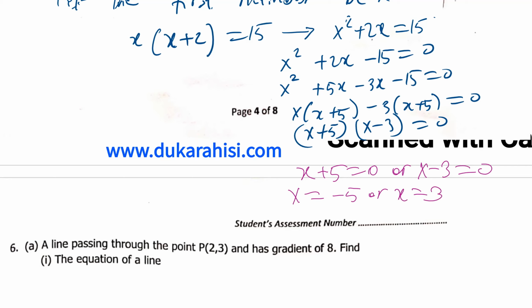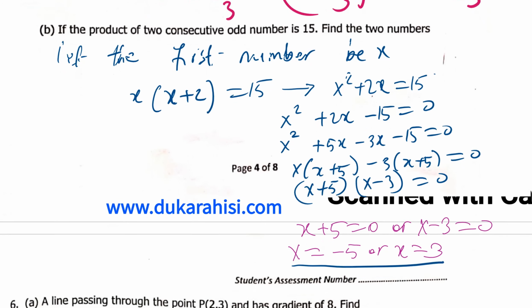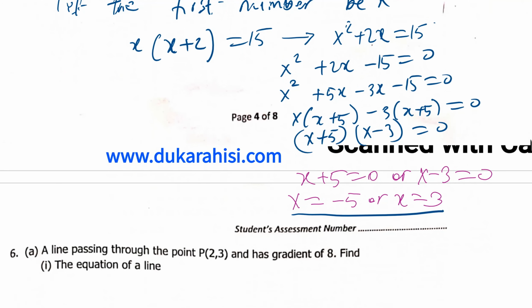And that is the solution. By the way, now we have to go back to the question. The question said, find the numbers. Because we are talking of two consecutive odd numbers, if the first number x is 3, then the other number is 3 plus 2, which is 5, of course.